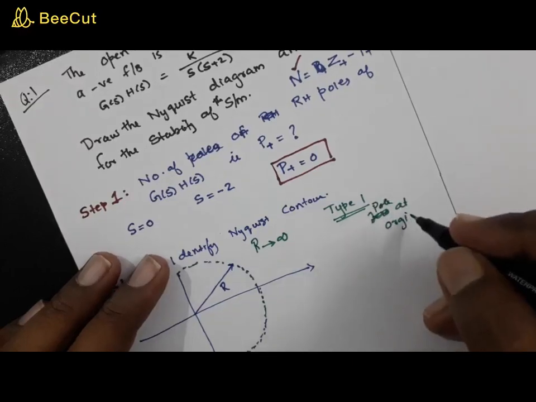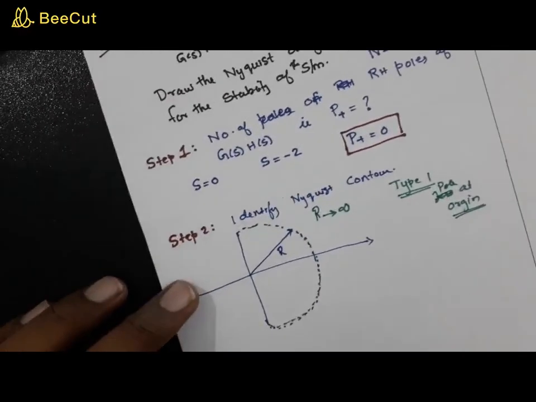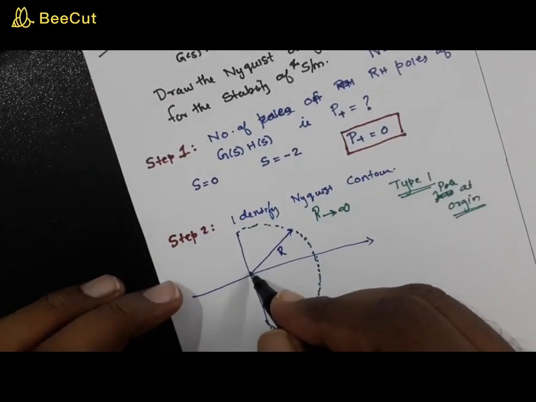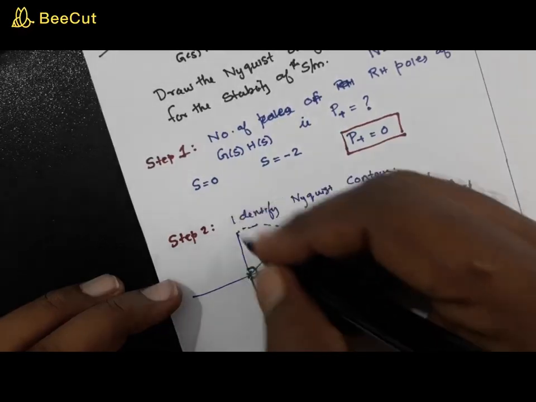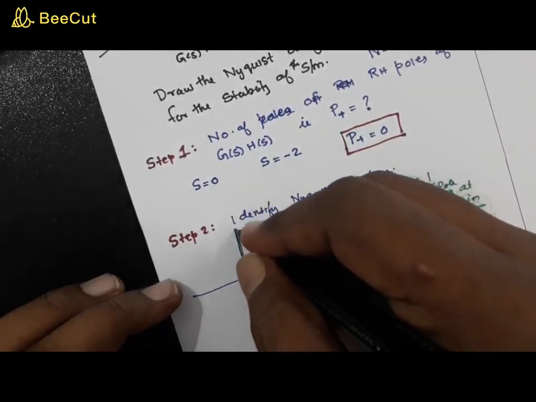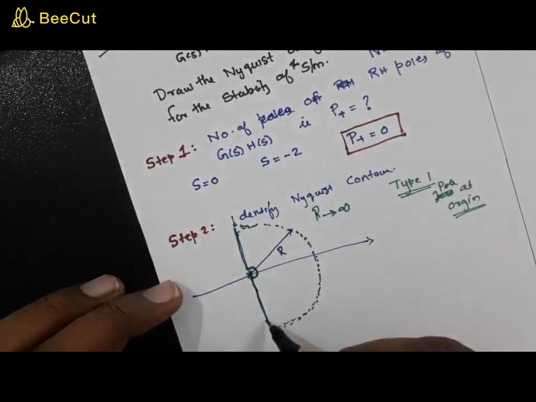If you have a pole at the origin, you need to exclude that point. Now this is your contour. Basically this must be your contour.